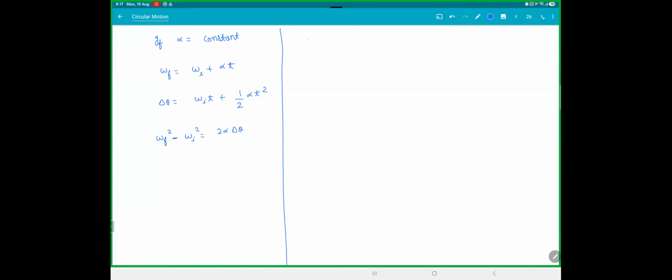And if you look at the relation between these angular and linear variables in circular motion, we have done this before.